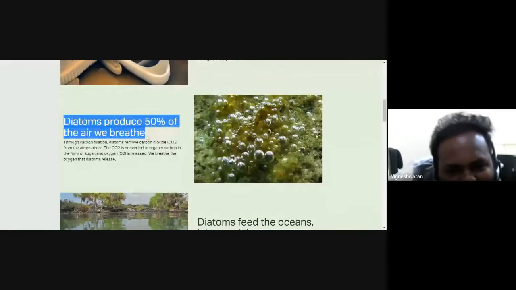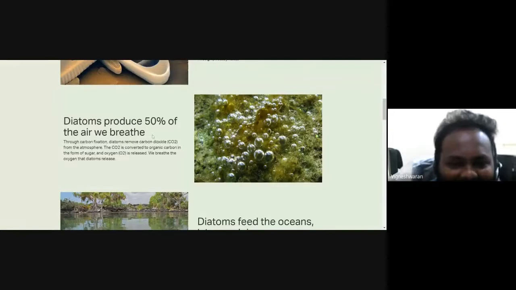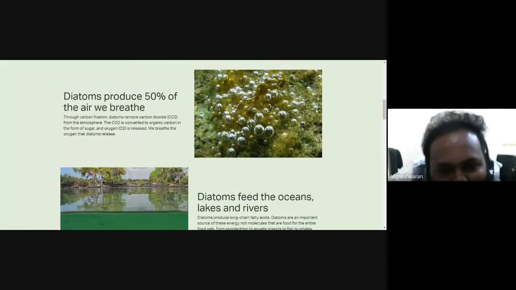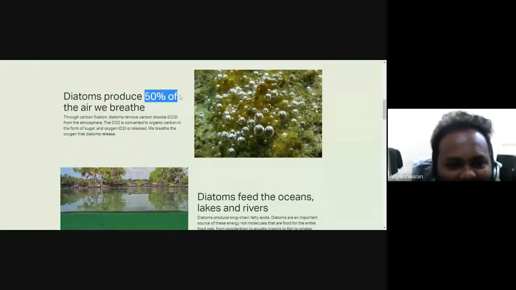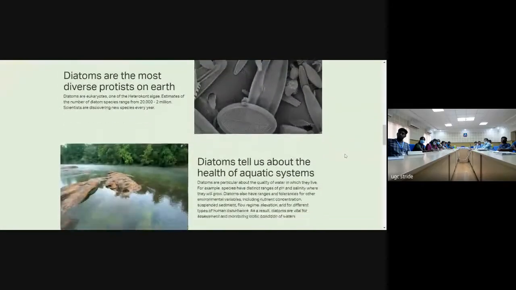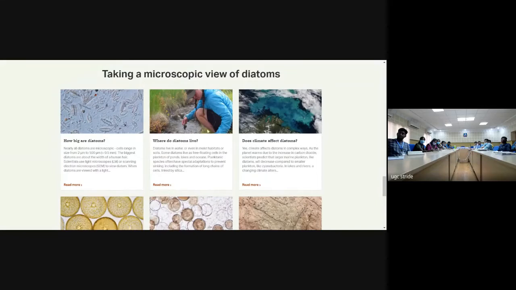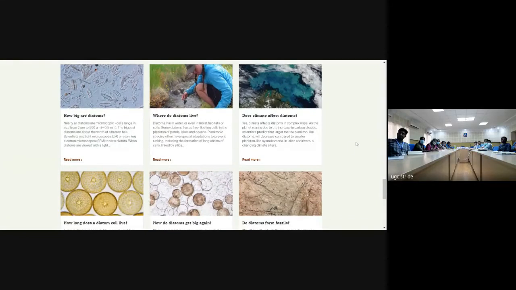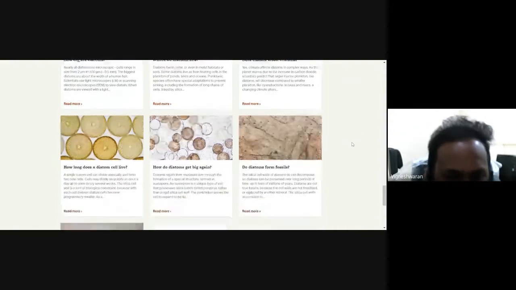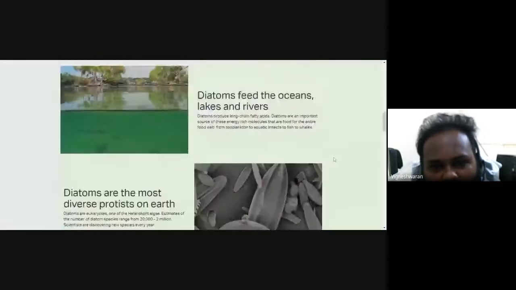As Karthik sir would have told, one of every four breaths, that was old data, but now one of every two breaths is coming from diatoms. Here you see, they are the reason for 50% of the air we breathe, and they are the primary producers. There is information on how big diatoms are, where they live, how they show climate change, and how we can culture them. Everything is available on this website.